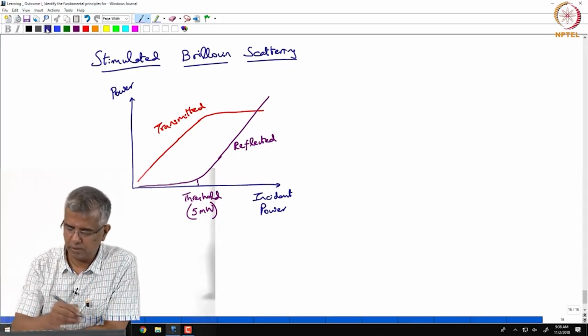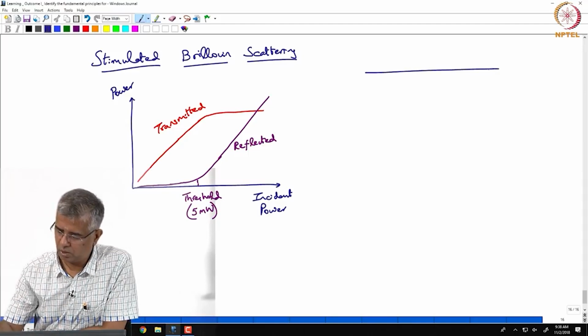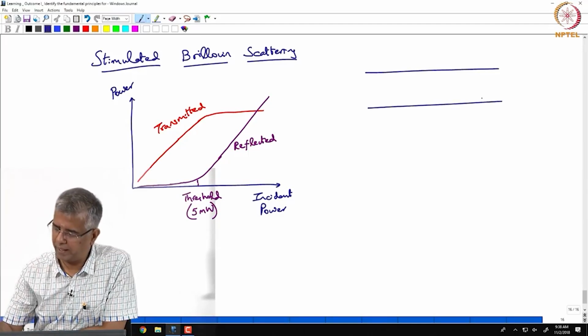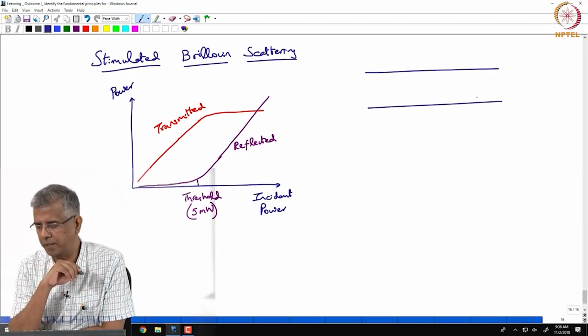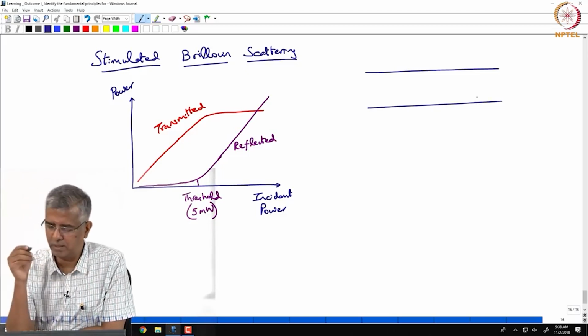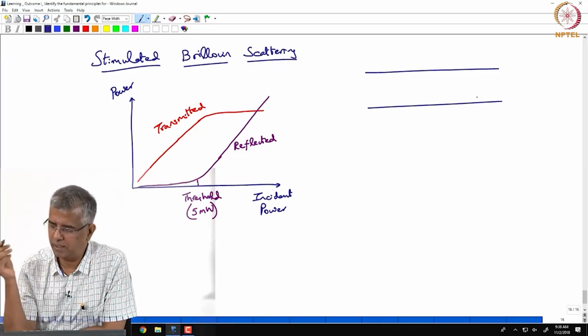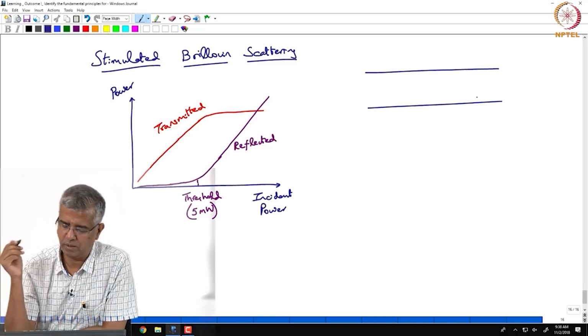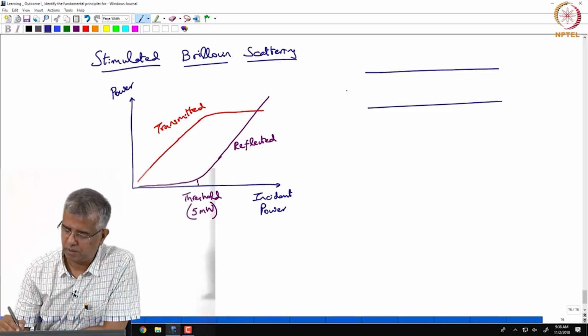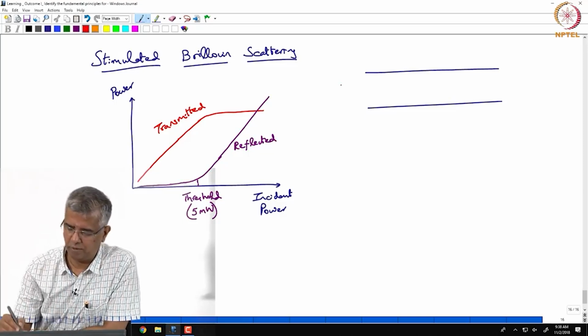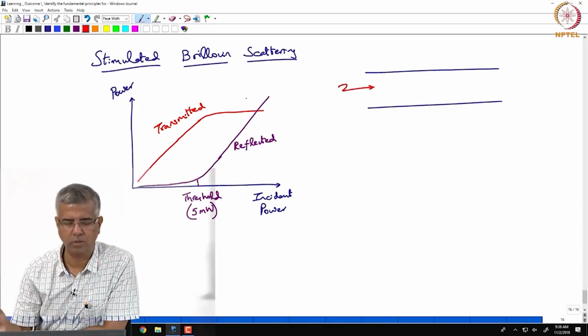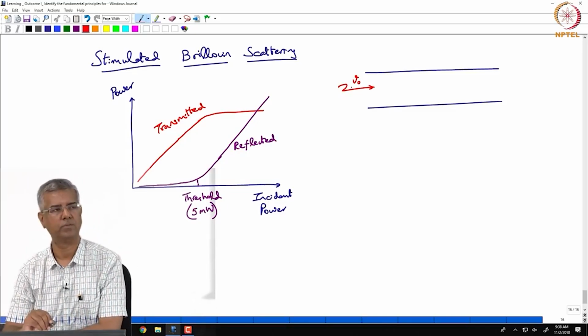Well, to understand this, you need to look at what is happening when light actually propagates through a medium. In this case, let's say it's a fused silica glass medium that corresponds to an optical fiber. You are sending an electromagnetic wave into this medium, let's say at frequency nu naught.